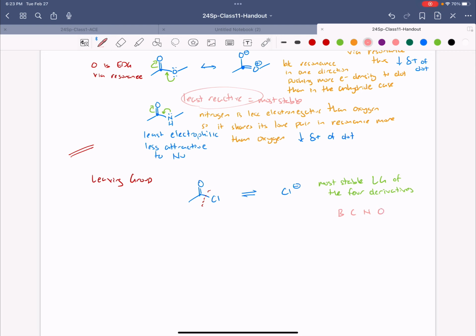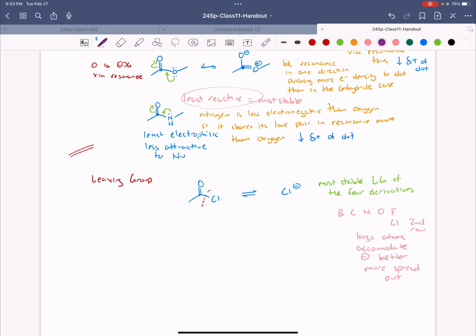Valence of 4, 5, 6, 7 is fluorine. But underneath fluorine is chlorine. So chlorine is in the second row, much larger than atoms in the first row. And large atoms accommodate negative charge better. It's more spread out. Okay, so let's keep that in mind.